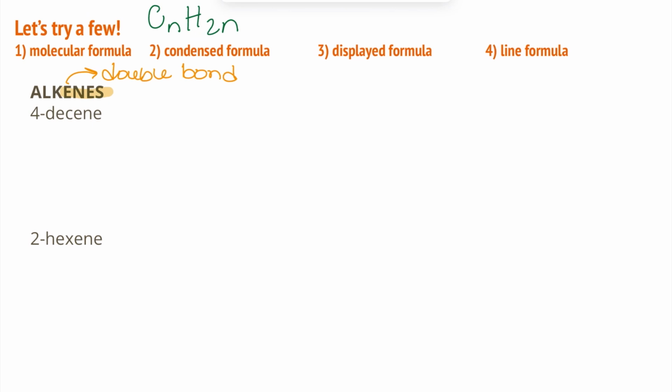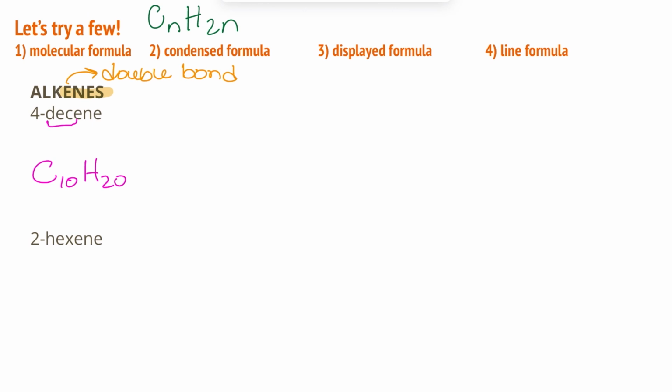So we have dec, that is 10, so I'm going to have C10, and then H is 2n, so this would be H20. If I'm now looking at it, my molecular formula doesn't tell me where that double bond is.